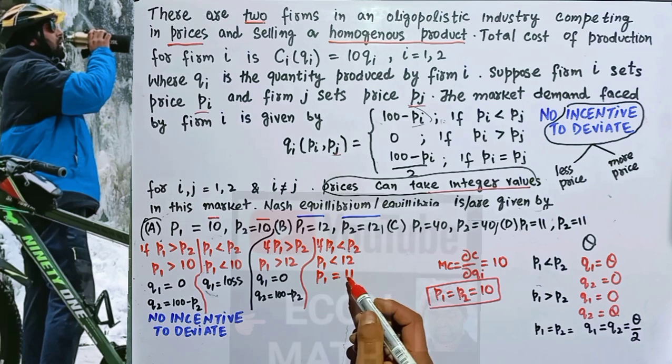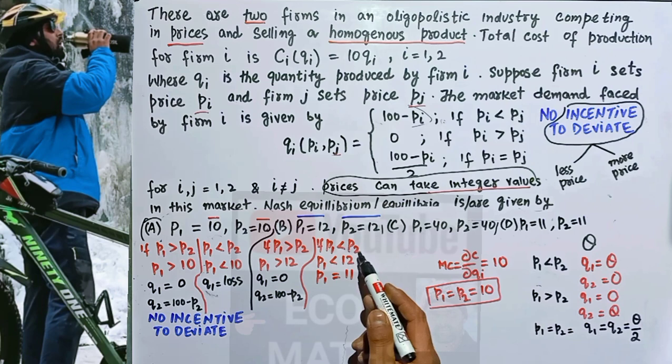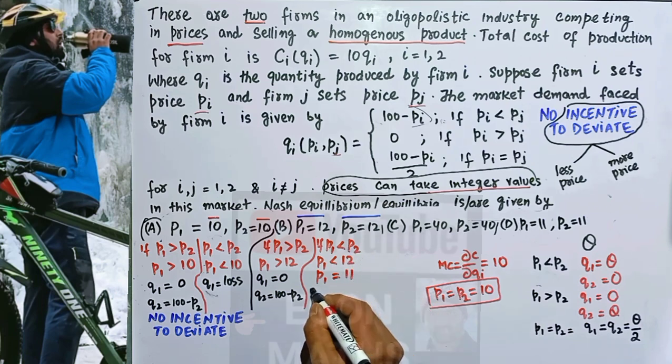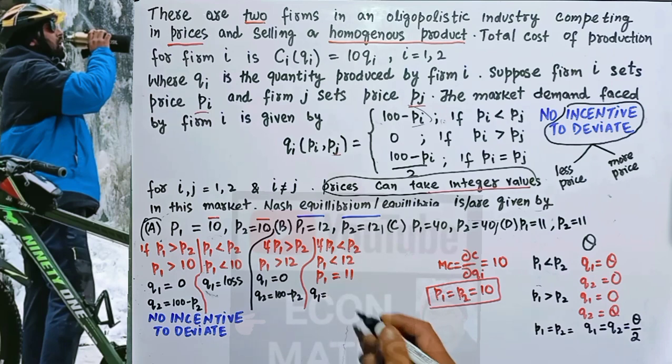It cannot be 11.99 or 11.1, 11.2, because prices are in integers. So if firm 1 charges a price less than the price charged by firm 2, firm 1 will get all the market, that means 100 minus Q1, and firm 2 will get zero share of the market.